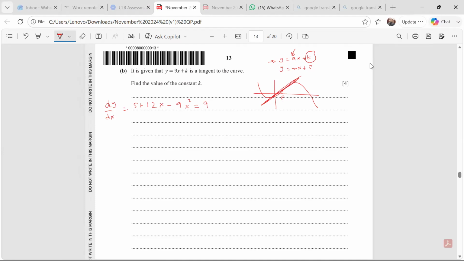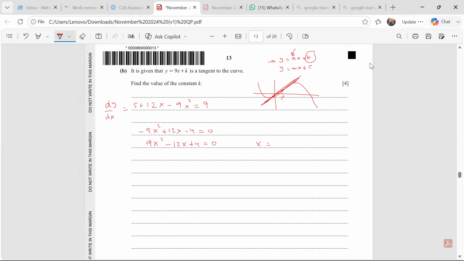If I simplify, minus 9x squared plus 12x, and 9 can become negative 9, so minus 4 equal to 0. If I multiply by negative, it's going to be 9x squared minus 12x plus 4 equal to 0. Let me try to find the values of x.